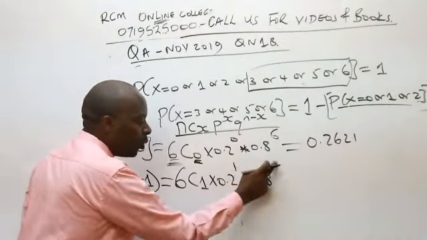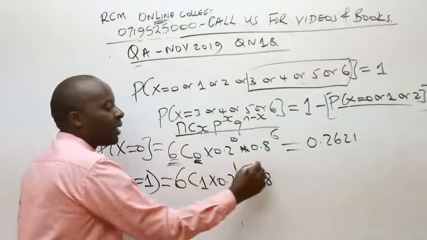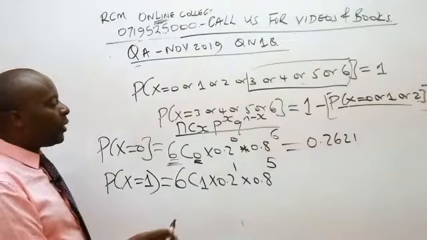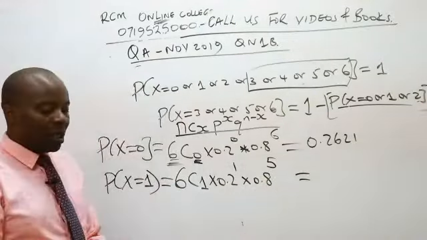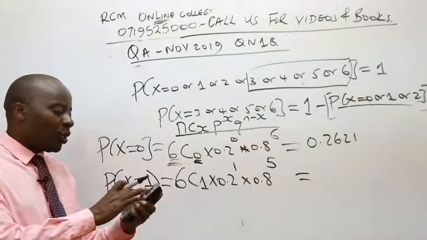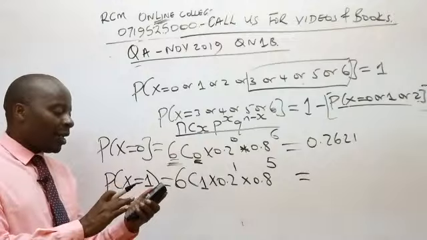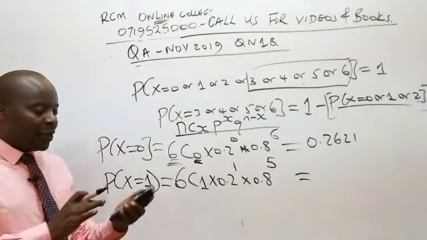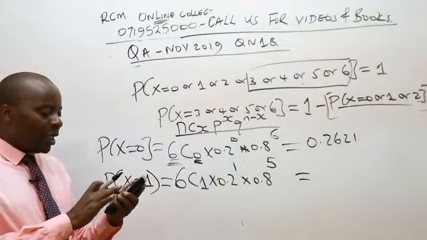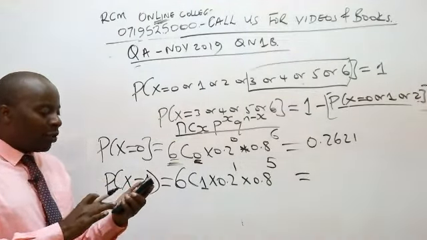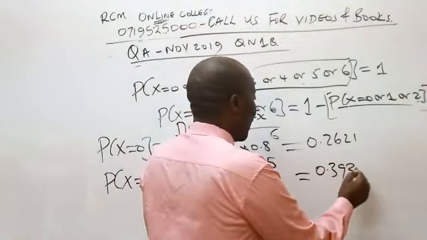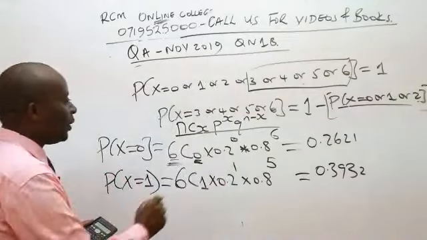I know that the two powers must always add up to n. It means that the power of Q will be 5. So again, armed with your calculator, press 6 combinations 1, times 0.2 raised to power 1 times 0.8 raised to power 5, which at the end of the day will give us 0.3932.